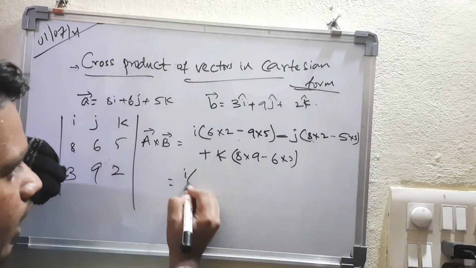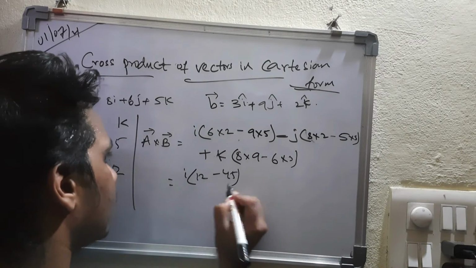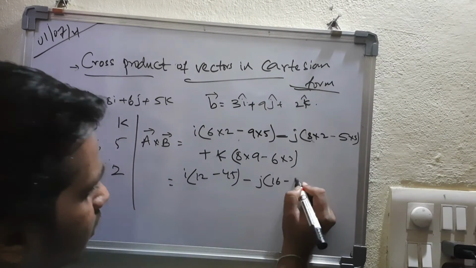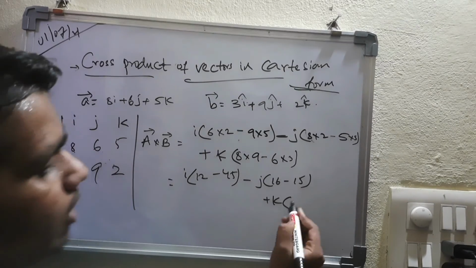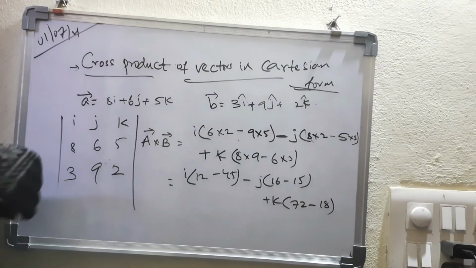Now you get i into 12 minus 9 5s are 45, minus j into 8 2s are 16 minus 5 3s are 15, plus k into 8 9s are 72 minus 6 3s are 18. Clear?